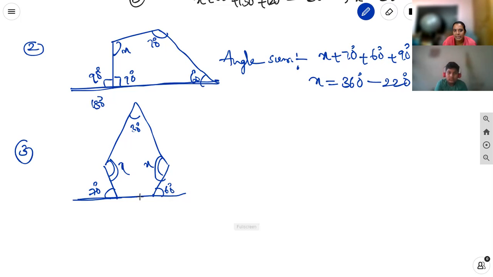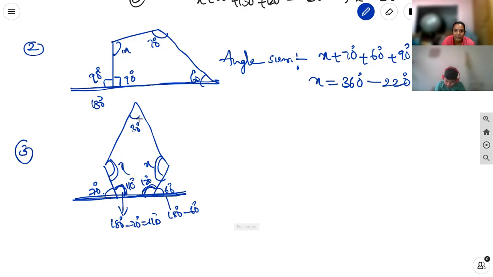See here, it is a straight line, so 180 minus 70 degrees equals 110 degrees. This is also a straight line, so 180 minus 60 equals 120 degrees.